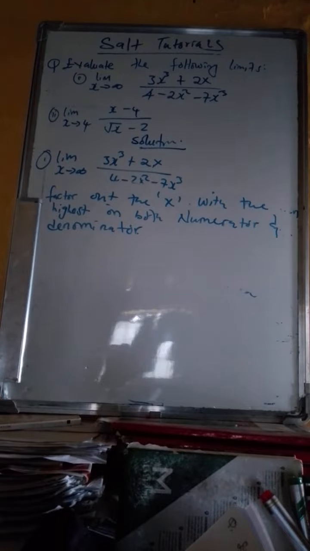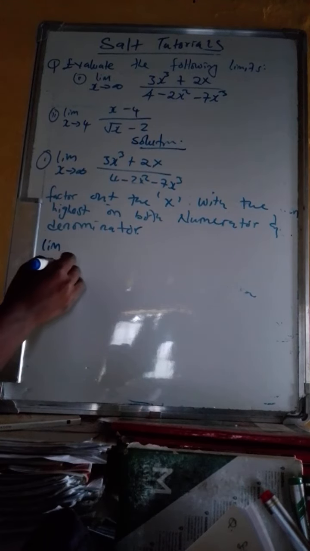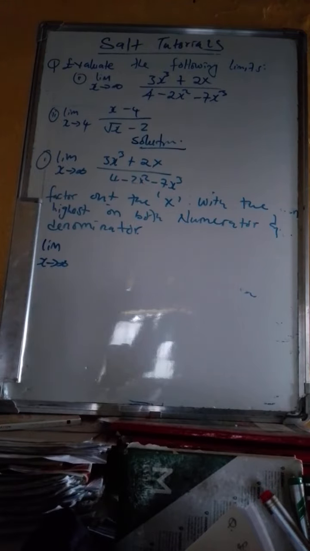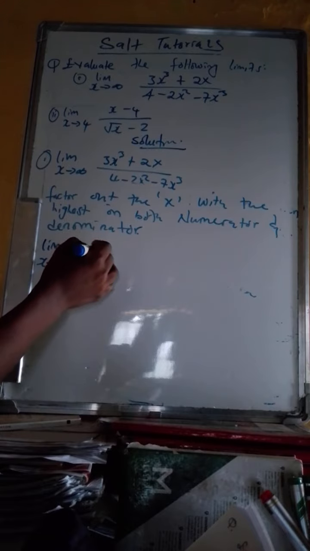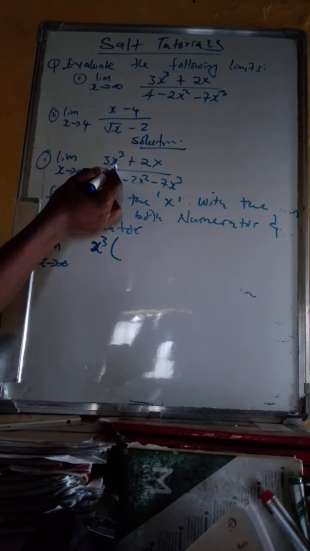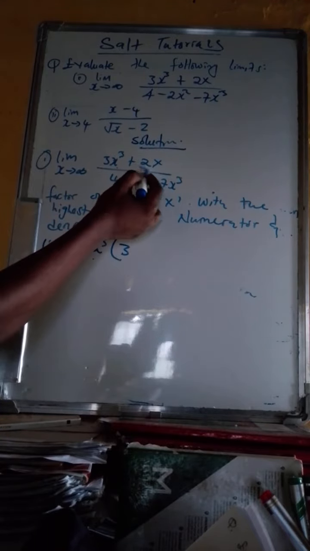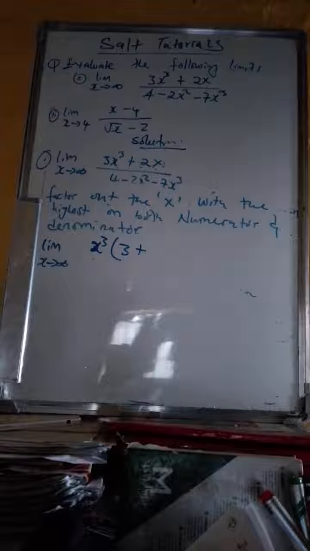If we do that, what am I going to have? The limit as x approaches infinity. On the numerator, x power 3 is the x with the highest power. So I'm going to have x power 3 factored outside, open bracket, and I'll remain with a 3 here. Remember, when we factor something outside, it means every term is divided by this.